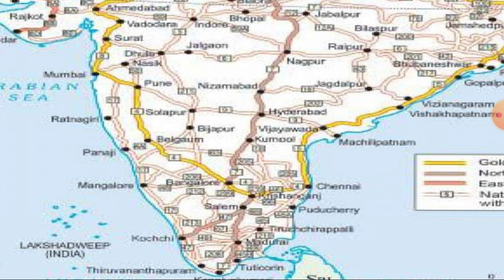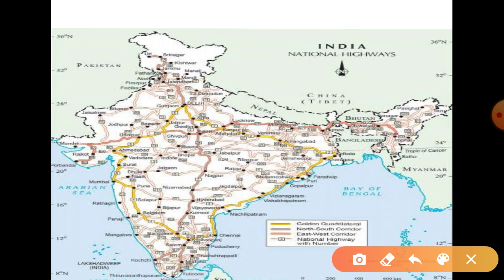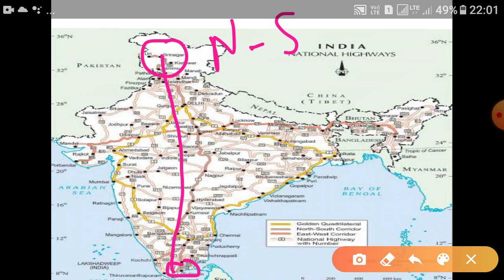So basically we can say the extension of the north to south corridor is from Srinagar, which was a state and is now the Union Territory of Jammu and Kashmir, to Kanyakumari in Kerala. This is the north to south corridor.